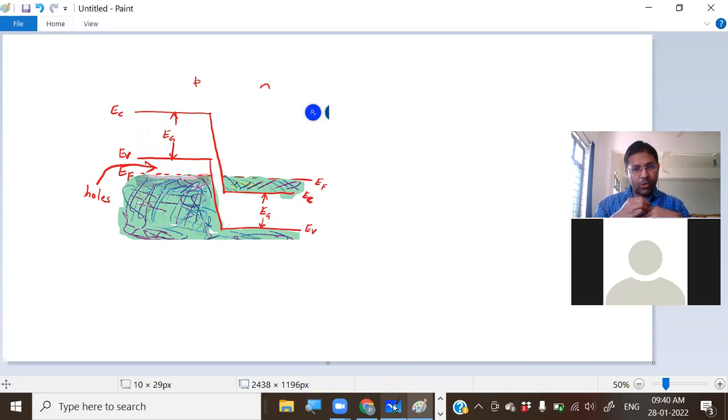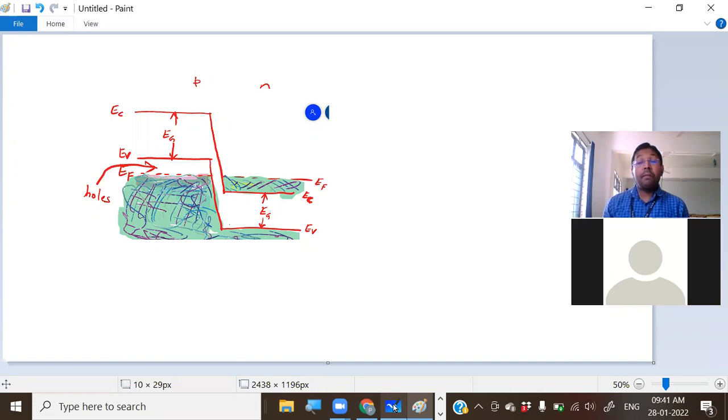See here, suppose inside if you connect negative, then the energy of the electrons will further increase. The energy levels will simply shift upward. Electrons are negatively charged, so if you connect a negative supply, the energy levels shift upwards.